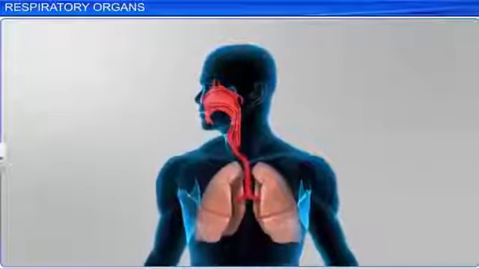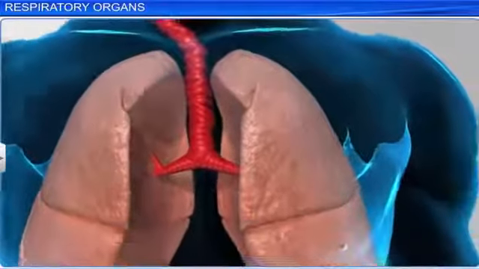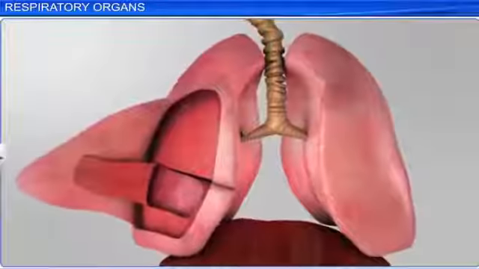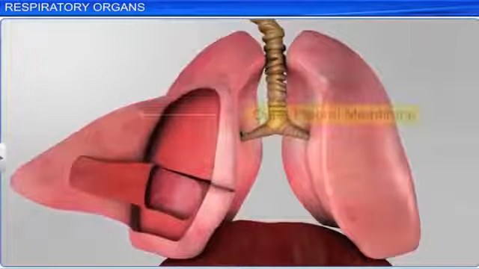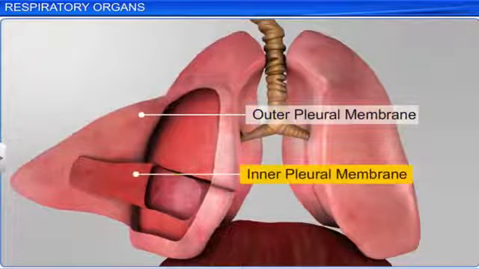The lobes are spongy and elastic organs with broad bottoms and tapering tops. Each lung is enclosed by two membranes, the outer pleural membrane and the inner pleural membrane.